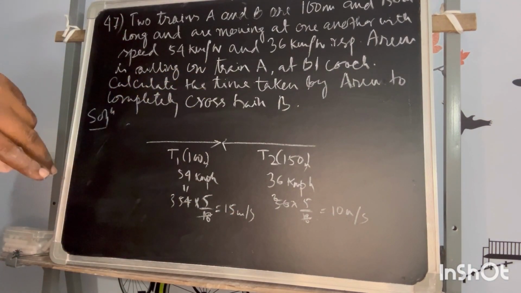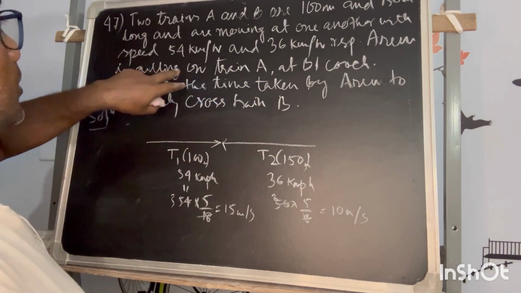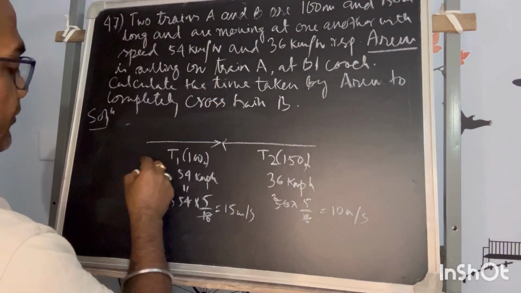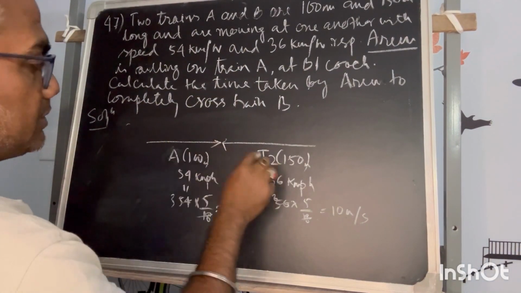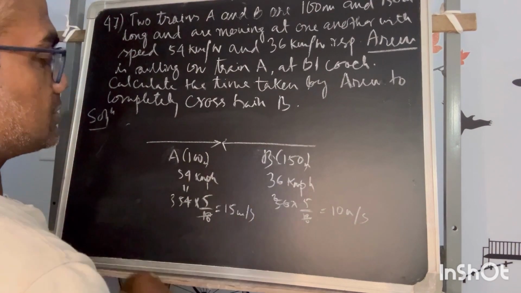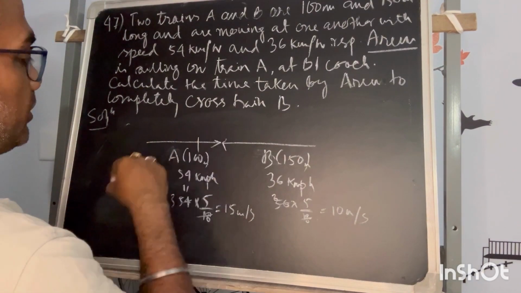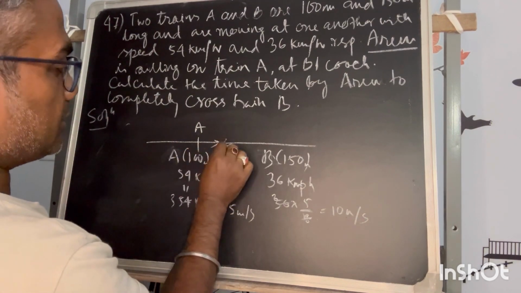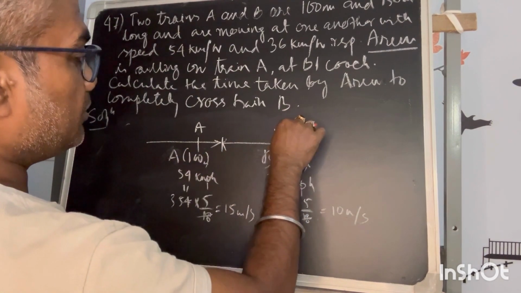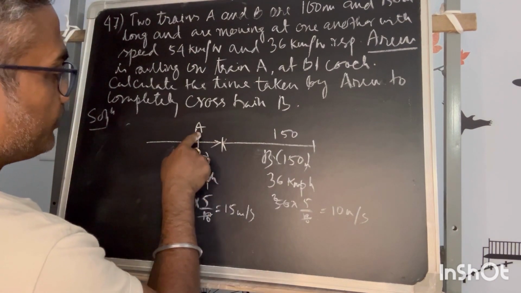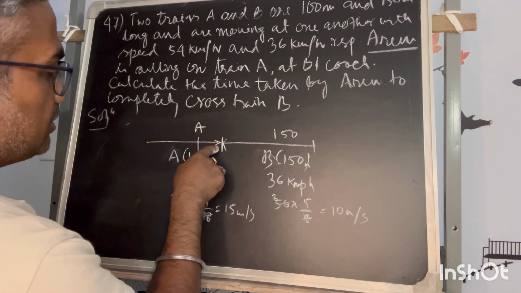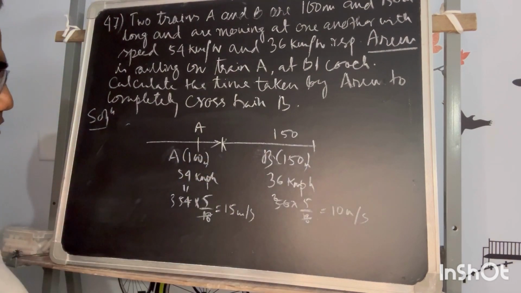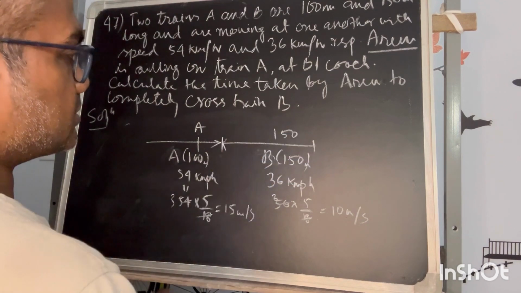Now the person Arun is sitting on train A. I am not calling them T1, T2, rather this is A, with person Arun sitting somewhere here. Now he will cross the train of length 150 meter when the start point and end point match, because they are moving in opposite directions.